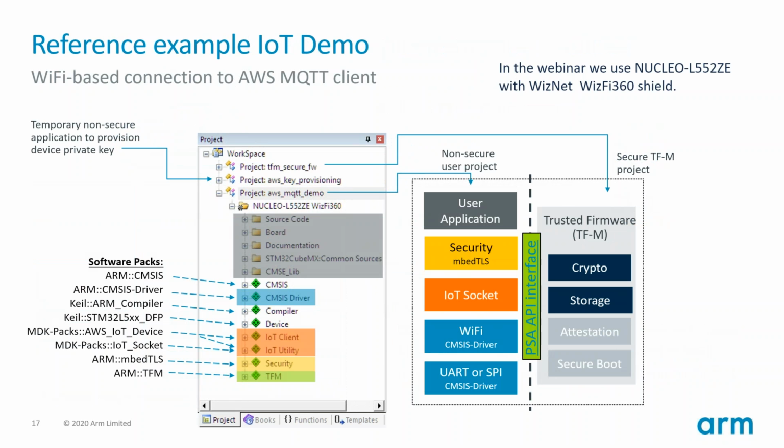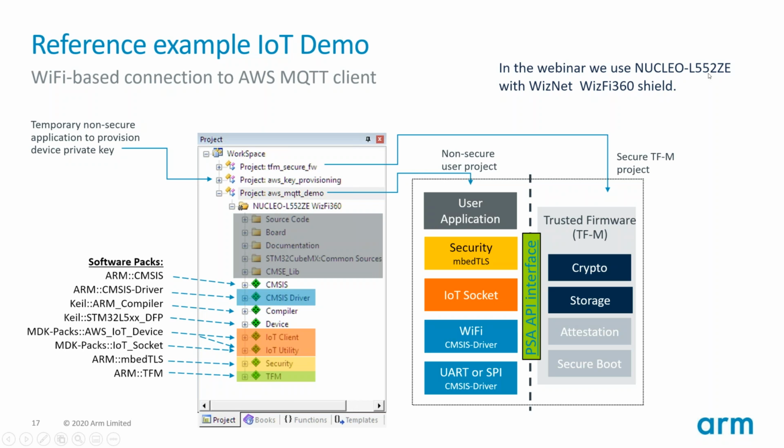Okay, so next, let me go and show you the real example that is based on this concept. So this slide summarizes probably what I will show in the demo. I'm using a Nucleo L5 board.